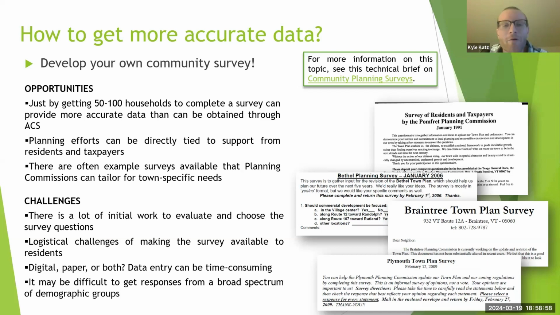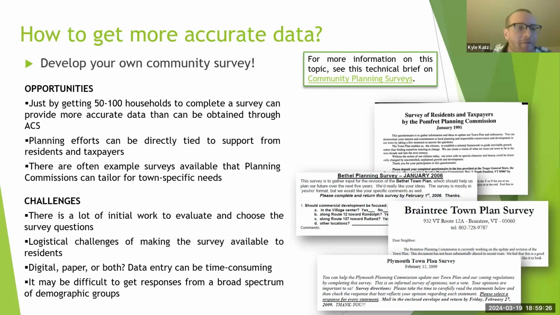So another way to get local accurate data is to develop a survey. Planning commissions, affordable housing committees, and other town committees can put together surveys that can help answer important planning-related questions for your town. There are many opportunities and challenges to developing a survey.